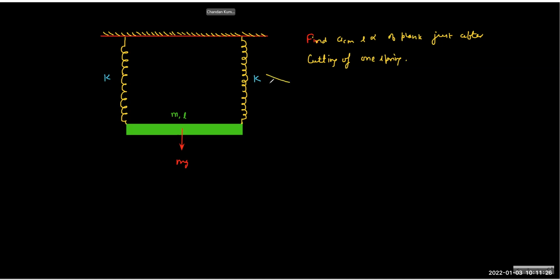So how do we denote this? We denote it like this. It means remove the entire spring, not the upper or the bottom part. Earlier, if you remember, I used to do like this, right? Which means I'm cutting up, I'm cutting down, but now I'm cutting both. So that's how we denote it. So what will be the answer? Tell me.